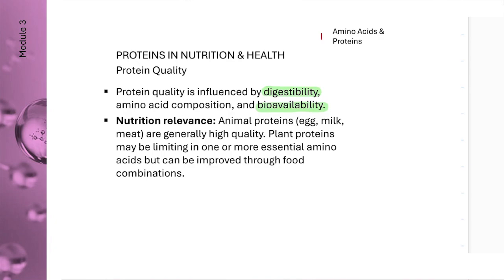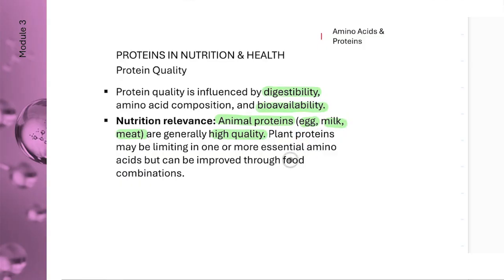Now, animal proteins, like egg, like milk, like meat, are generally considered to be high quality. Why? Because eggs, milk, and meat usually have all the essential amino acids. However, plant proteins are limiting.